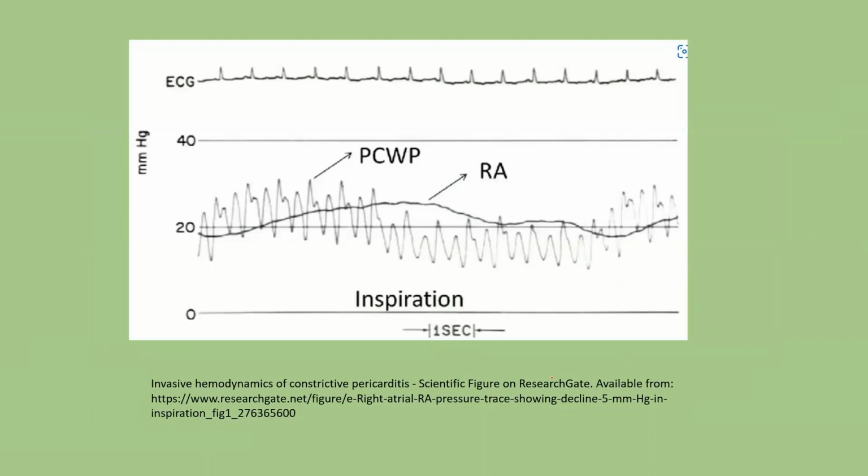Now, what is this here? Look here at the RA pressure and follow it. The RA pressure increases during inspiration. And this is in contradistinction to the physiological situation where the pressure of the right atrium is expected to drop during inspiration.